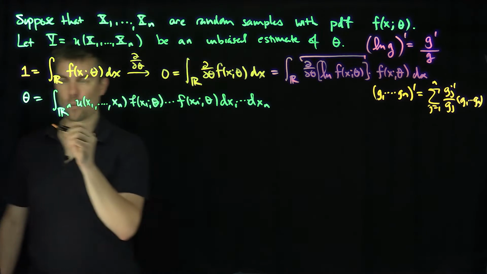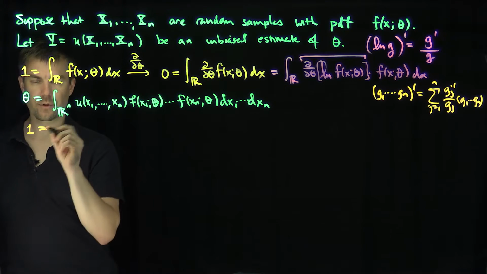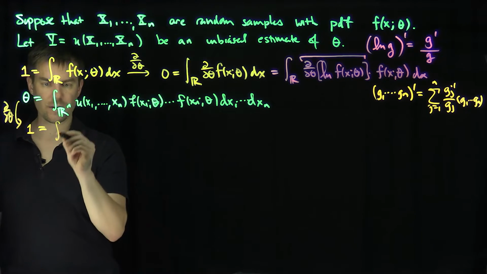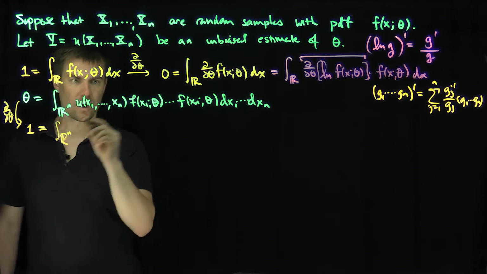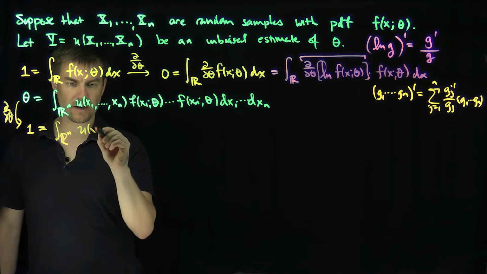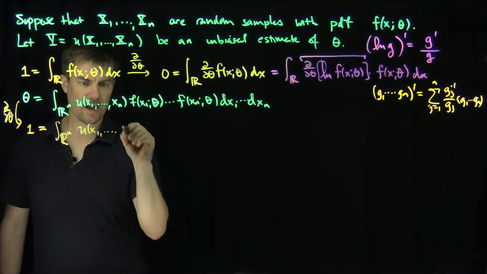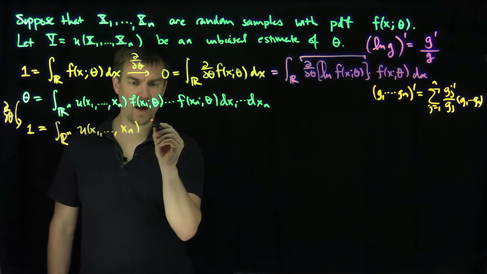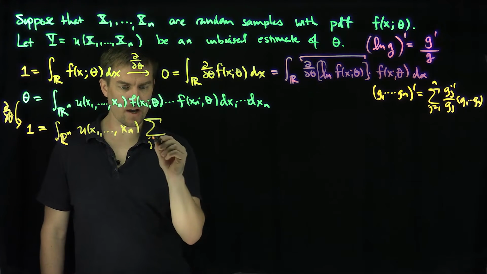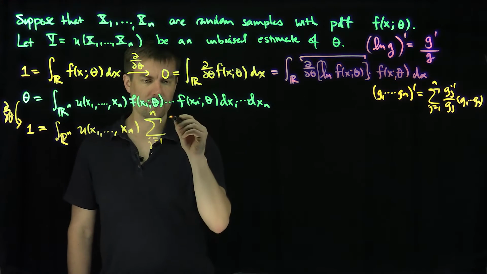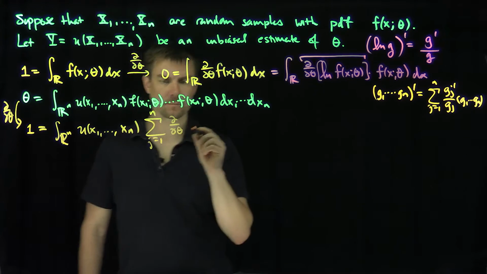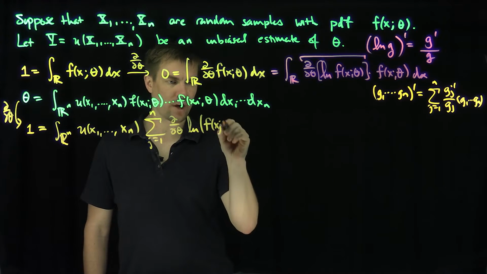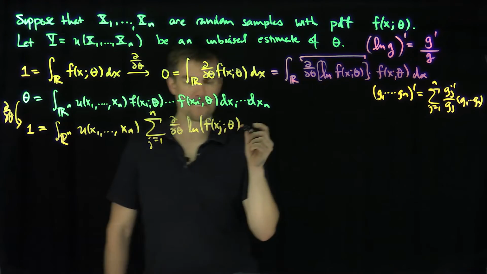So that will tell me, if I do the theta derivative of this relationship, that 1 is equal to the integral over R^n. There are no thetas in u, so I have u of x1, ..., xn, and then the sum, j goes from 1 to n, of d by d theta of the log of f of xj and theta.